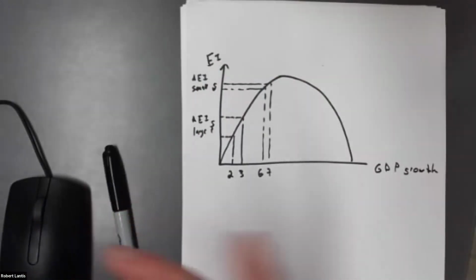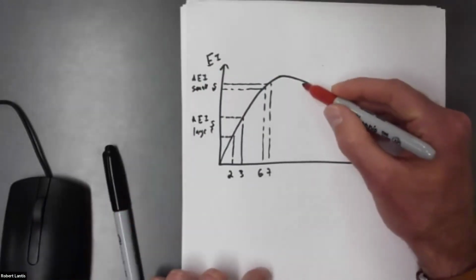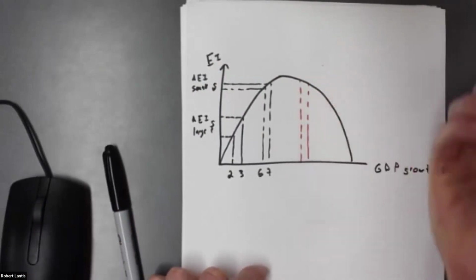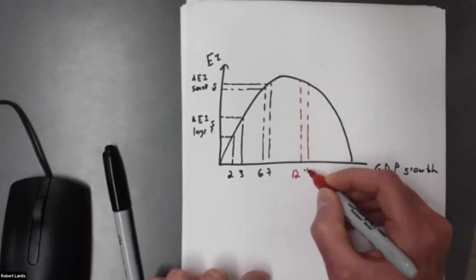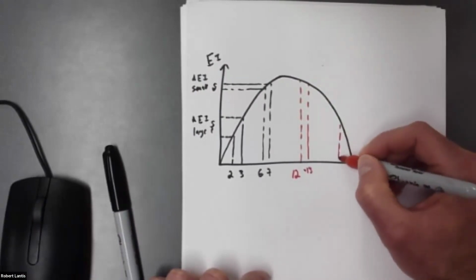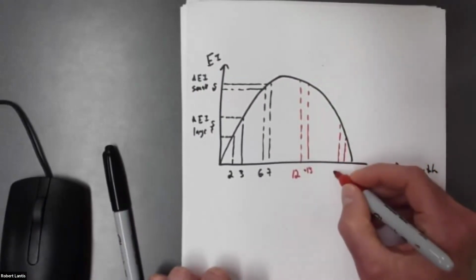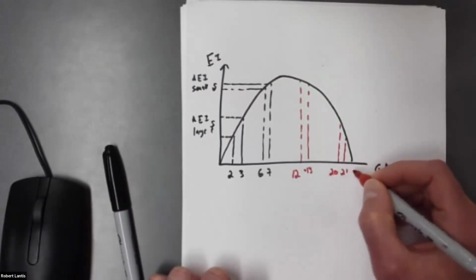I could also think about it on the other side of things. So let's say I start to see at higher growth rates, maybe this was 12 to 13. And then down here, trying to keep these the same visually, this is like, I don't know, 20 to 21.